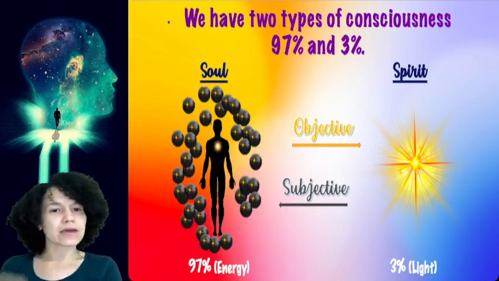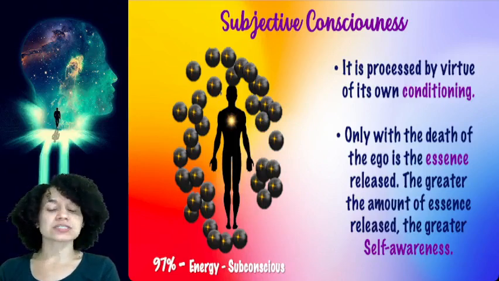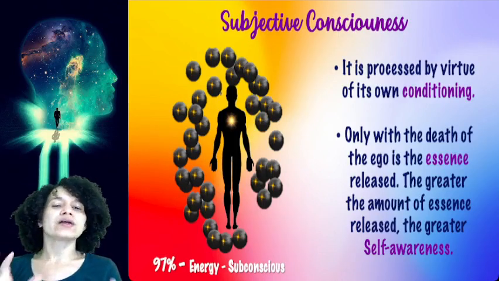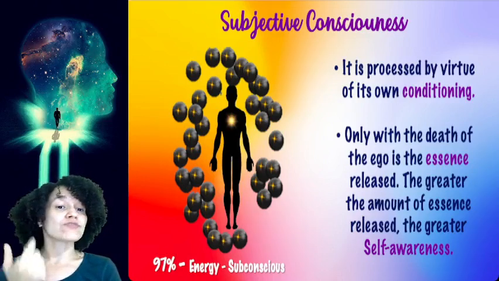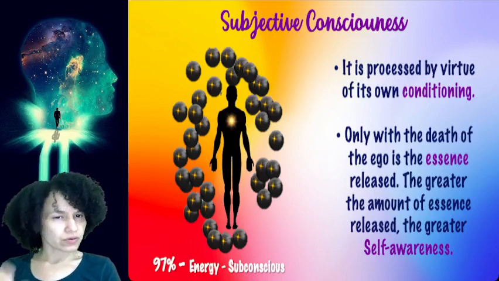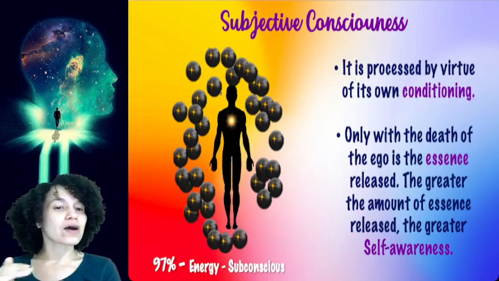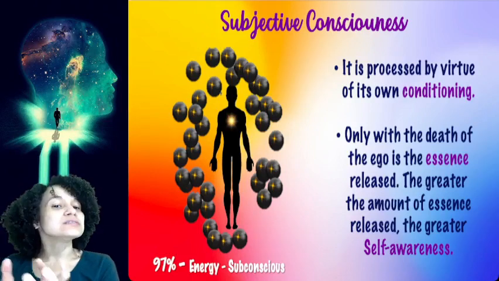So we could say that when we talk about subjective consciousness, to make it clear, we are talking about the 97% of our essence that is currently trapped in our ego and that is processed by virtue of its own conditioning.